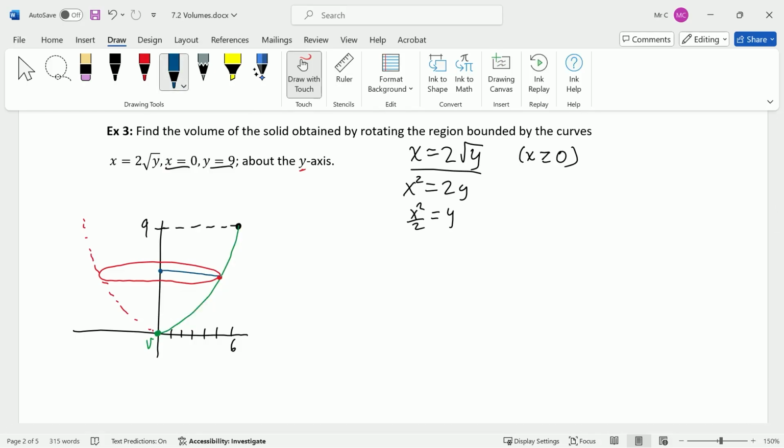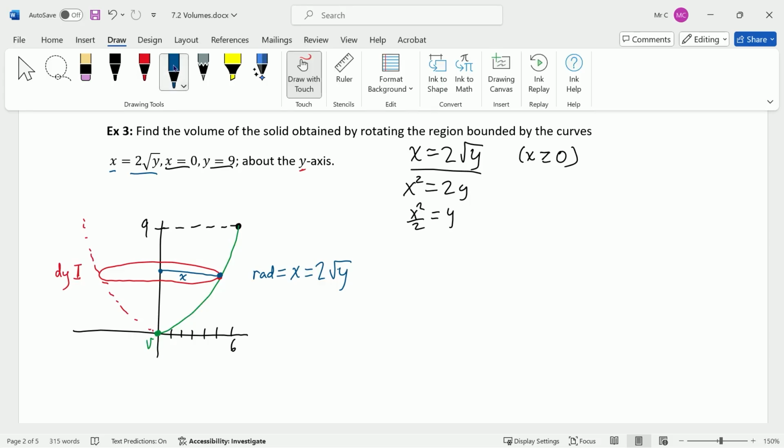So the radius is the length from this center of rotation out to the curve, and that's a distance on the x-axis. So we need the x value, but x is 2 times the square root of y here. So my radius is x, but written as 2 times the square root of y. And we need to write it as a function of y because the thickness of my disk here is being measured by the y-axis. So that's dy for integration.